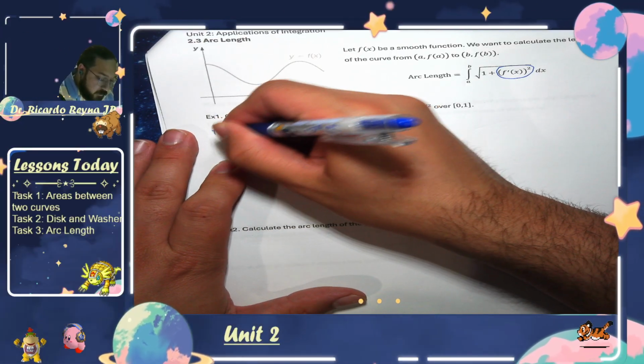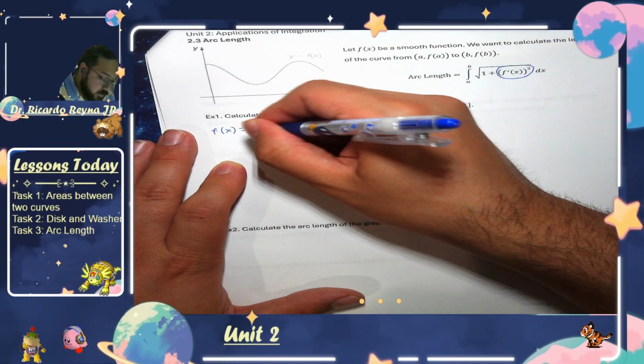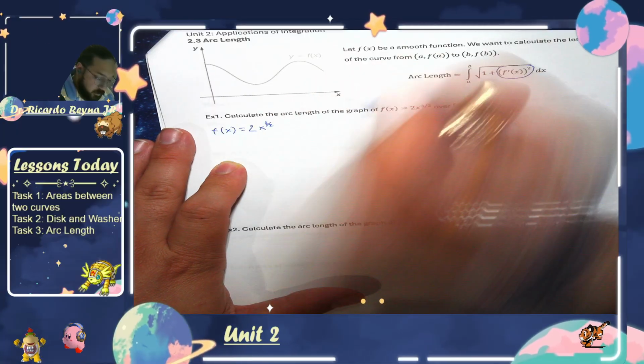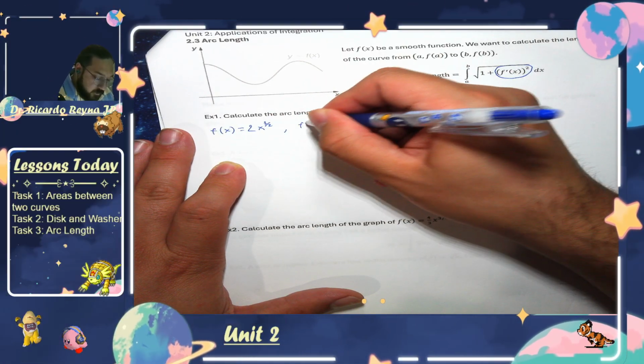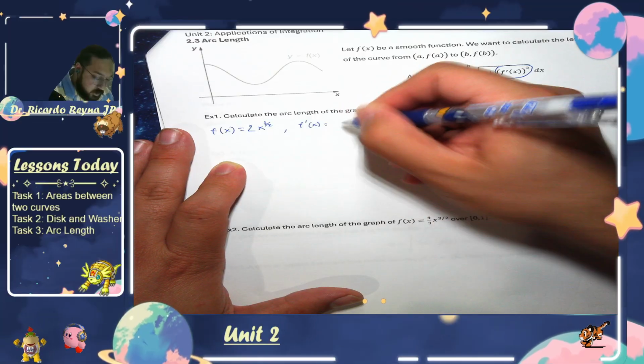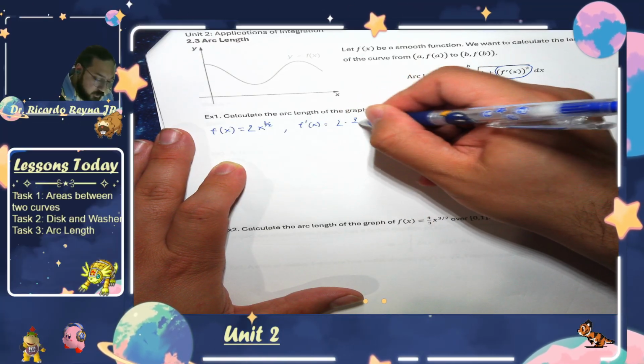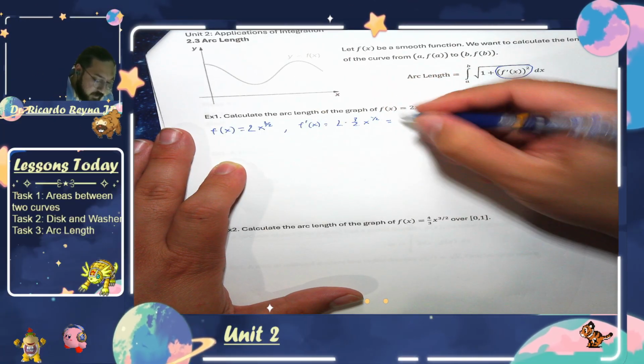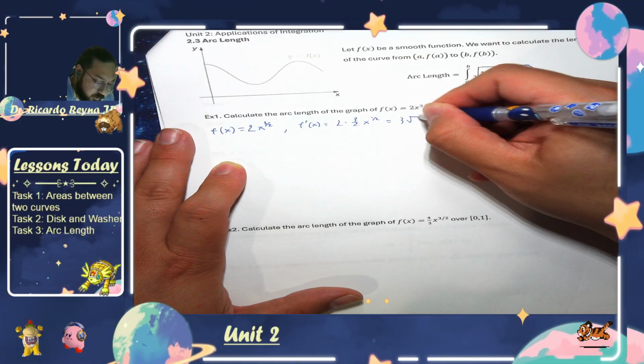So we start with f of x, and f of x is given to us as 2 over 3 x to the power of 3 over 2. Let's do the derivative of this, which is just 2 times 3 over 2 x to the power of 1 over 2. That can be simplified to 3 square root of x.